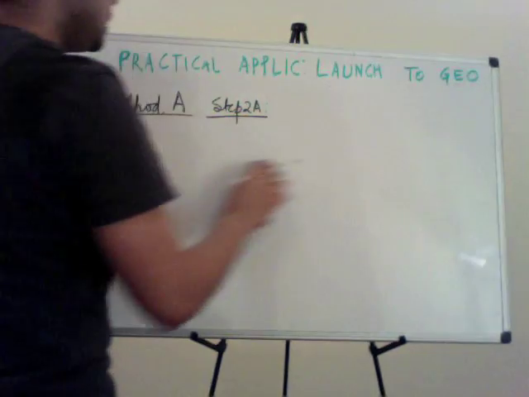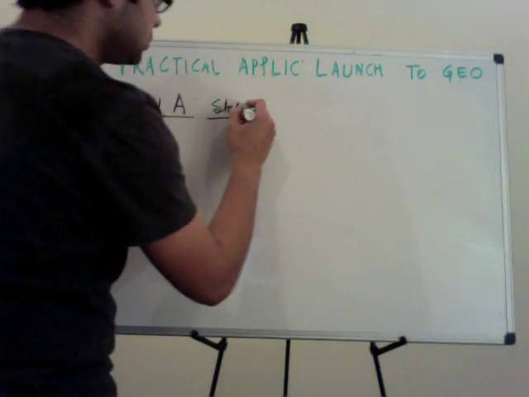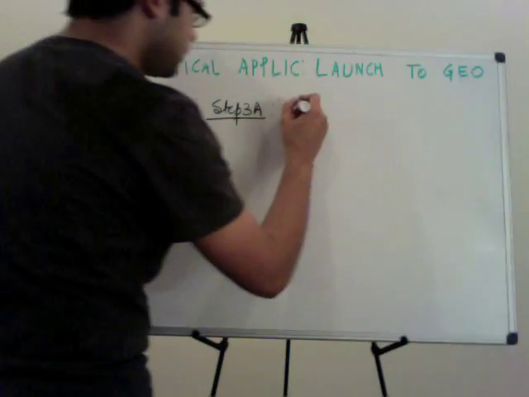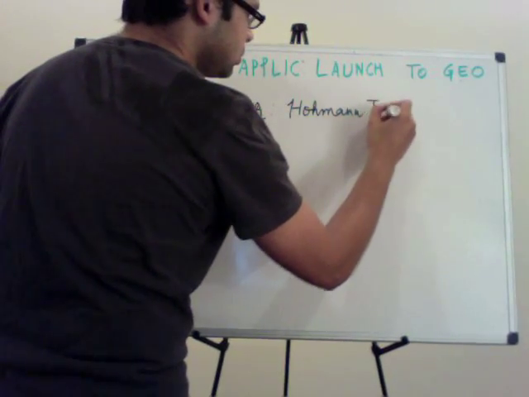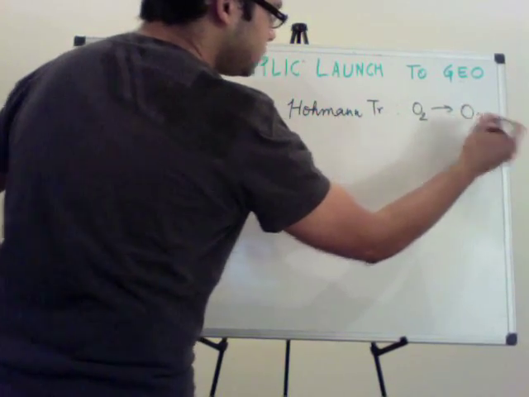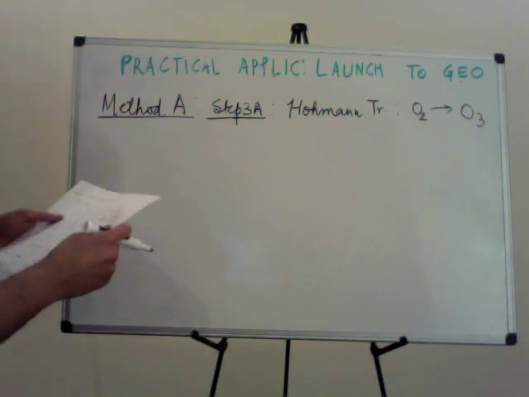We're still in method A. Look at step 3 of method A. This is the Hohmann transfer, so go from O2 to O3. Remember, there were 3 steps in the Hohmann transfer, so let us go through the process.